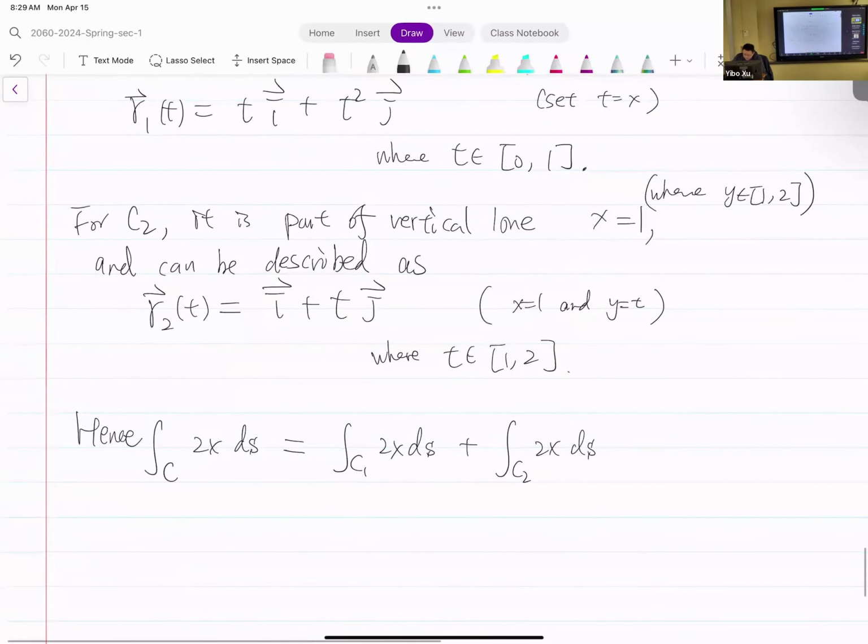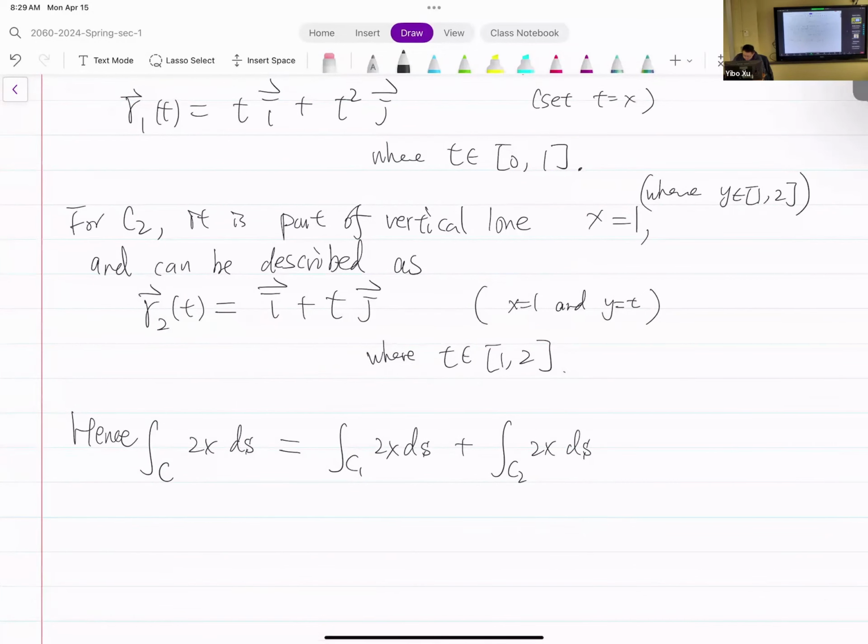And then in terms of C1, we write the integral in terms of t now. So basically t goes from 0 to 1, so we put the definite integral there. Now the x value on the curve C1 above is right here, so the x value is t.